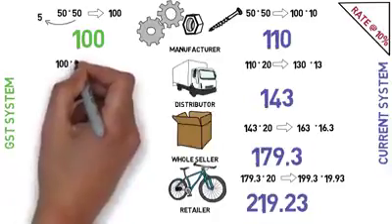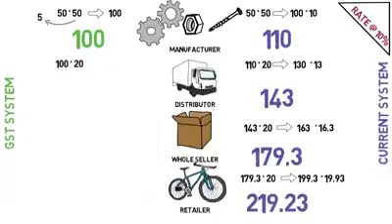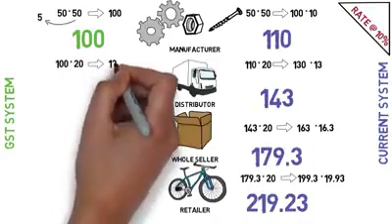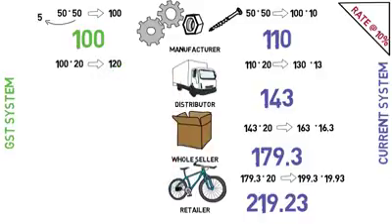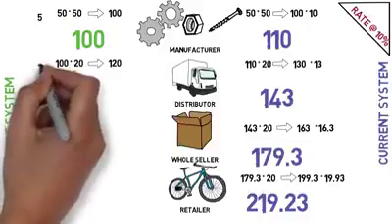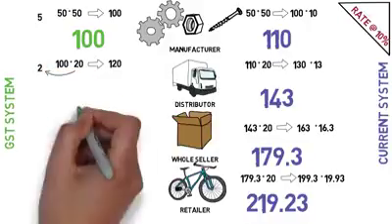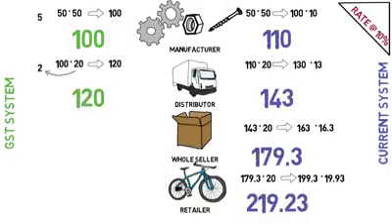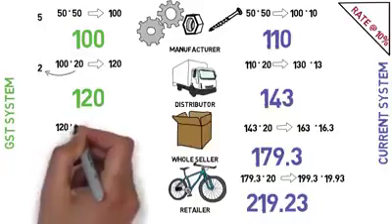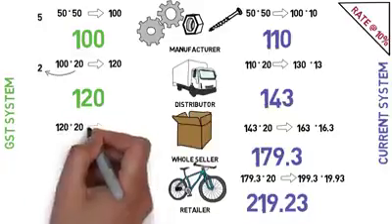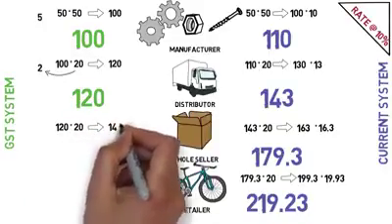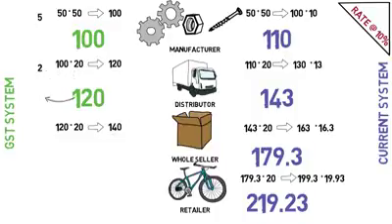Then the distributor adds 20 rupees profit and the product becomes 100 plus 20, which is 120 rupees. He pays the tax of rupees 2 on his profit of 20 rupees. The wholesaler buys the product for 120 rupees and follows the same pattern, adding 20 rupees as his profit, and the price will become 140, and pays the tax of rupees 2 on his profit.